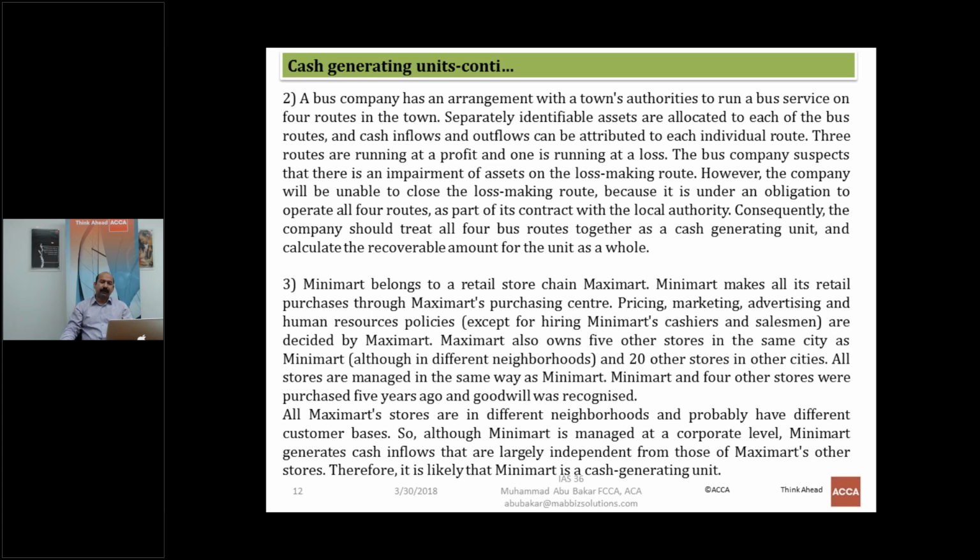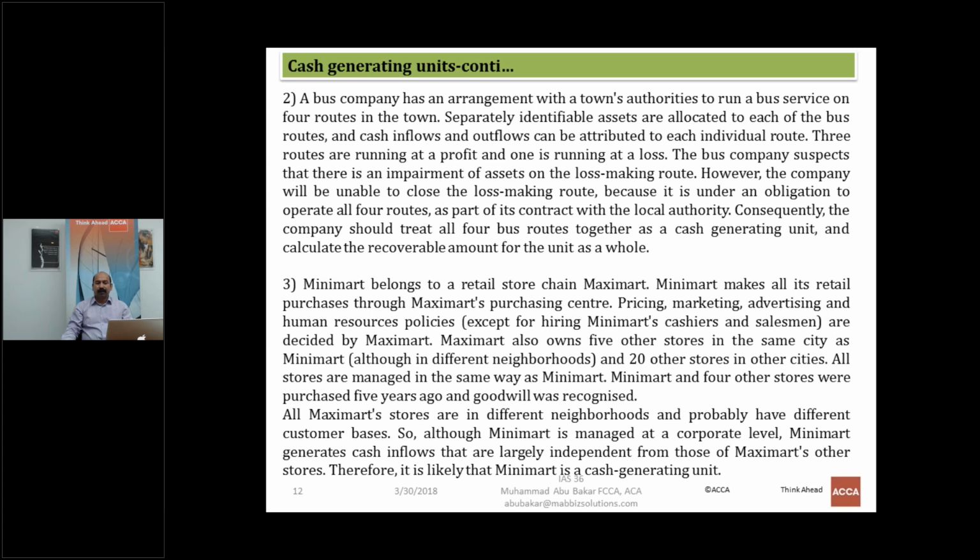See, in this example, Minimart belongs to a retail store chain, Maximart. Minimart makes all of its retail purchases through Maximart's purchasing center. Pricing, marketing, advertising, and human resource policies, except for hiring Minimart cashiers and salesmen, are decided by Maximart.